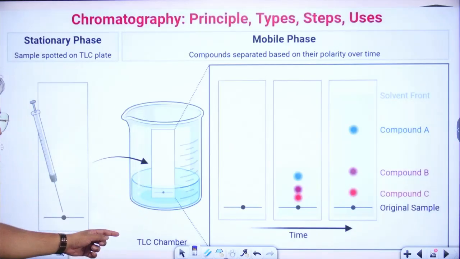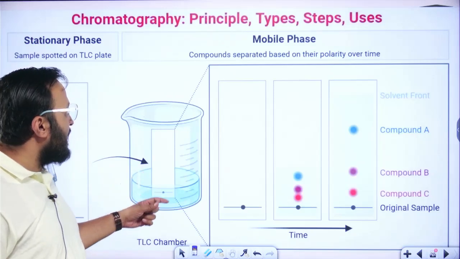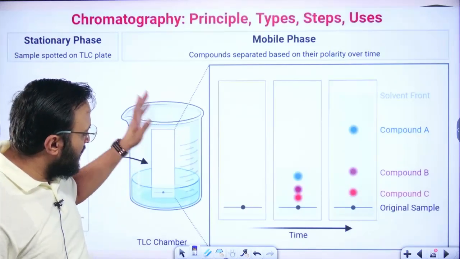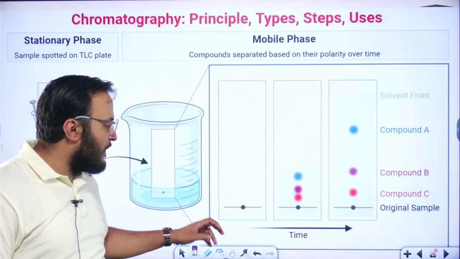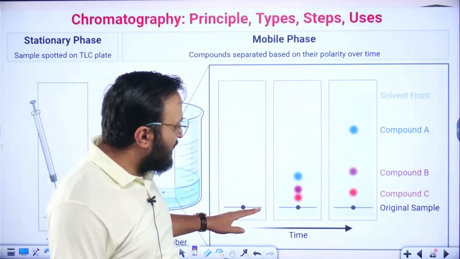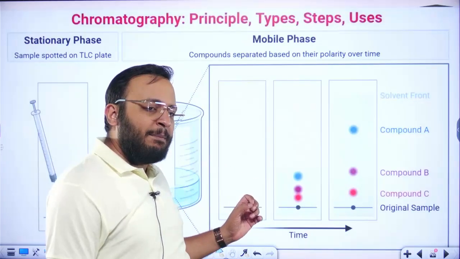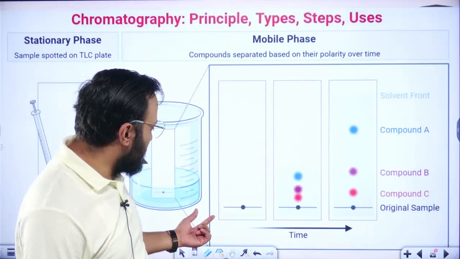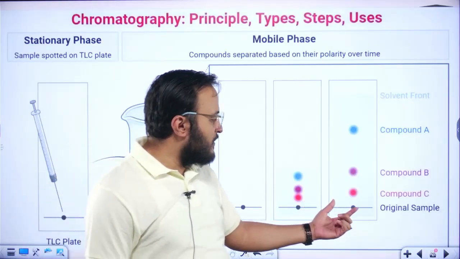Okay, everyone. Now this TLC plate is dissolved into the water. And you keep on waiting and waiting. What happens? This is the original sample.